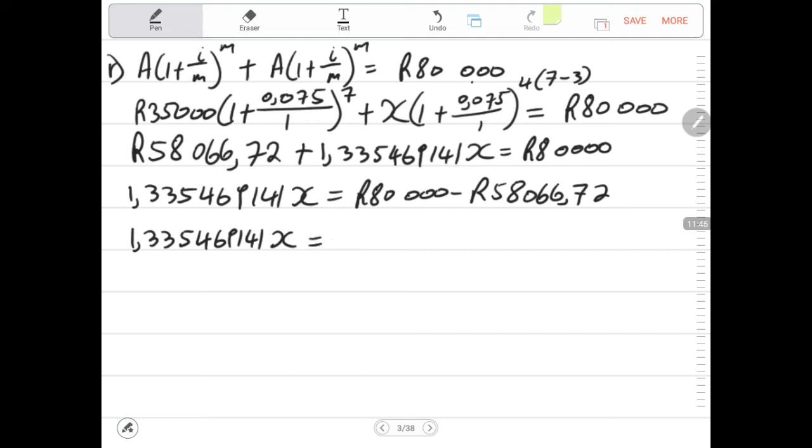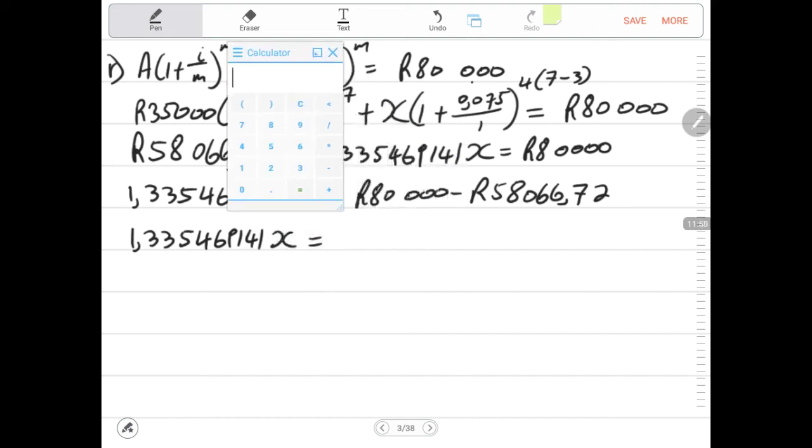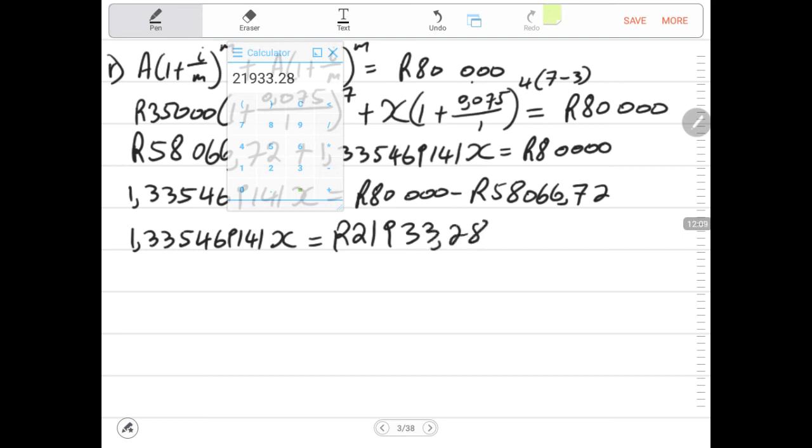So let me do the calculation here. We say 80,000 rands minus 58,000 and 66 rand 72 cents. This gives me a total of 21,933 rand 28 cents. Then we divide here by 1.335469141. This will cancel this.